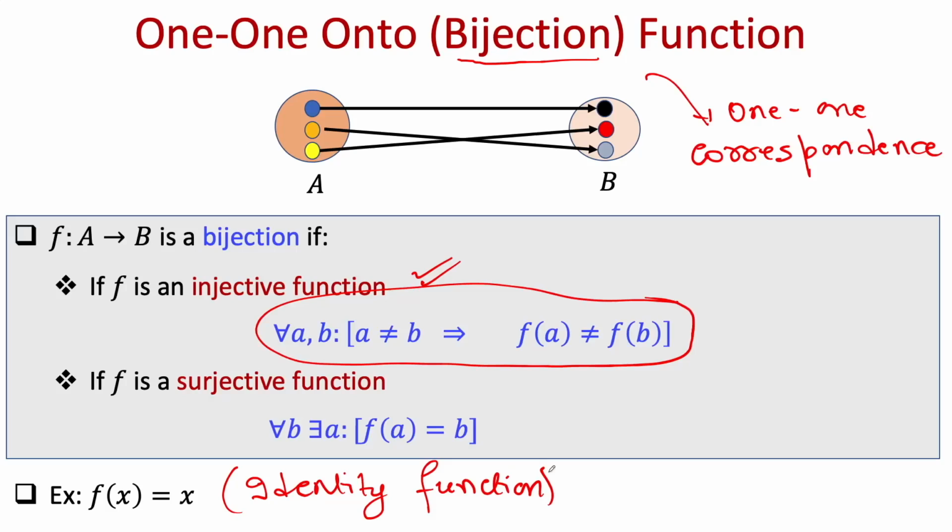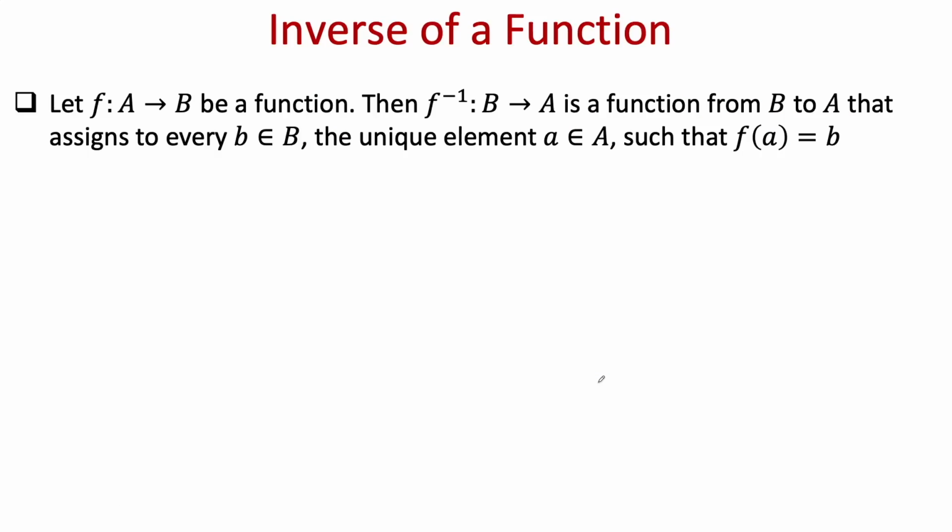Clearly it is an injective function, because if you have x1 not equal to x2, then f of x1 will be x1 and f of x2 will be x2, and since x1 and x2 are different, hence f of x1 and f of x2 are different. That shows that the function is injective. Whereas if you take any arbitrarily chosen element y from the codomain set, the corresponding pre-image for that y is the element y itself. It shows that the function is a surjective function.